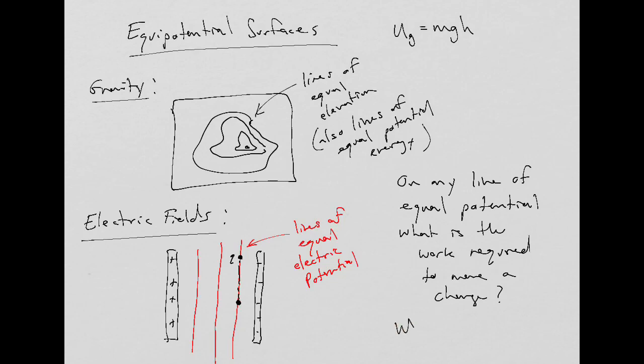Work is equal to minus delta U. So in order for you to have to do work on an object, there's got to be some change in electric potential energy. In this case, you're on a line of equal potential energy. So from this point to this point, delta U is equal to 0 joules. So in that case, the work required to move that charge from this point to this point is 0 joules.